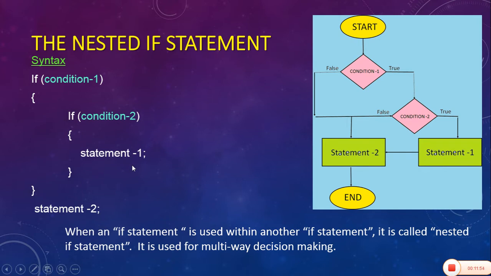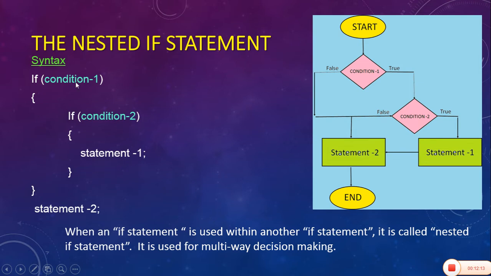After execution of statement number 1, the control will come out of this block, and statement number 2 will be executed. Now if condition 1 and condition 2 both are true, then statements 1 and 2 will be executed.